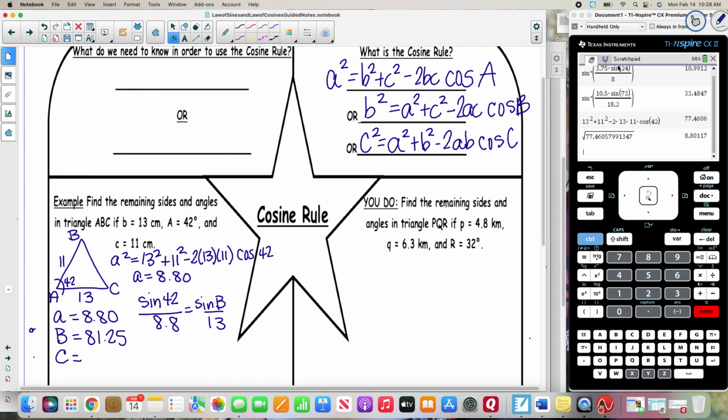What did you get when you typed in 8.8? 81.30. If you went up and copied and pasted the 8.80117, you got 81.25.